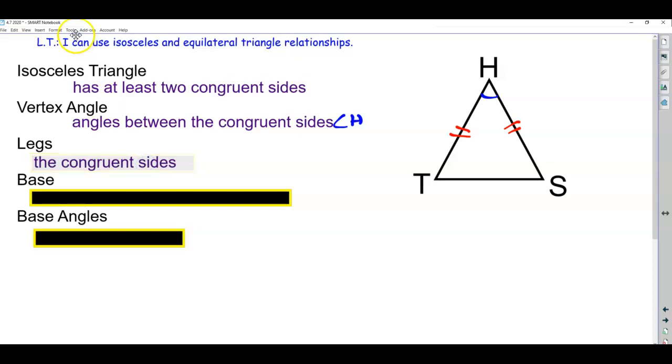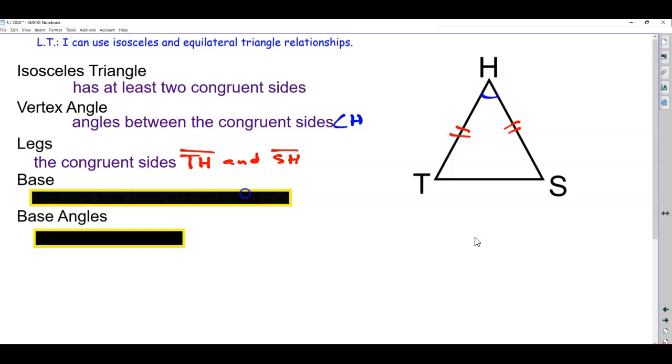Now, the legs of the isosceles triangle are the congruent sides. So those are the 2 sides that are equal. That's TH, and side length SH. And then base, we have to be careful. Base does not always mean bottom, right?